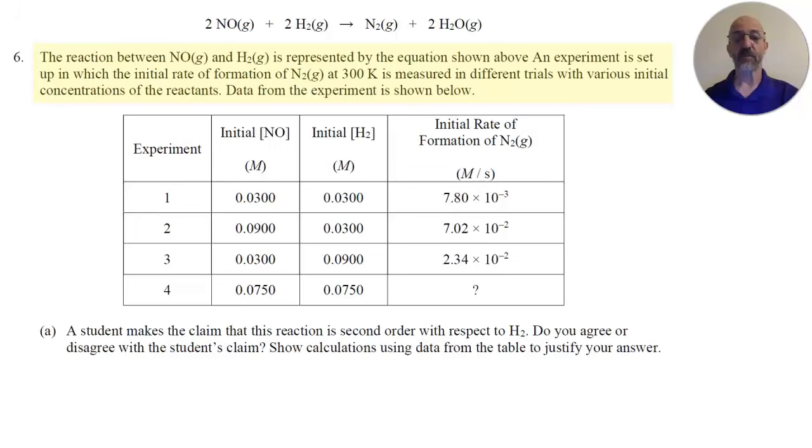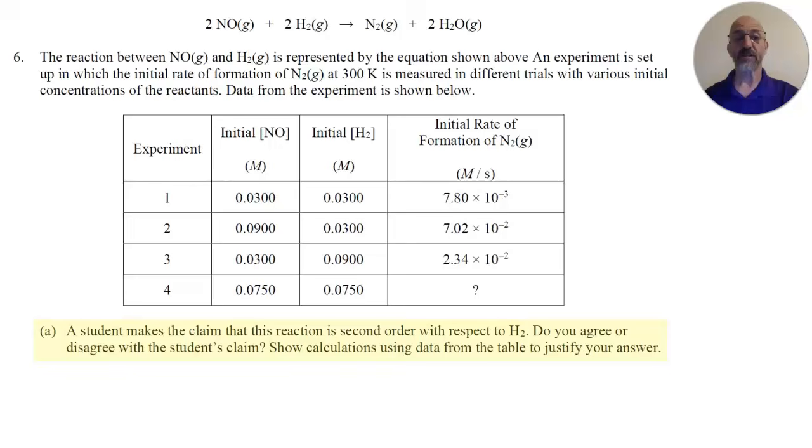So let's go ahead and take a look at part A. It says a student makes the claim that this reaction is second order with respect to hydrogen. Do you agree or disagree with the student's claim? Show calculations using data from the table to justify your answer.